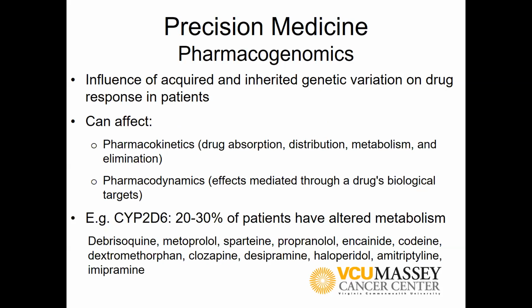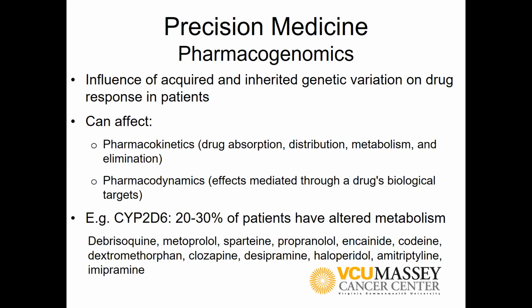There are different subtypes: pharmacokinetics, which is mostly about how drugs are absorbed, distributed, or metabolized in the body, and pharmacodynamics, which is more about how the drugs actually work in terms of the biological pathways and other targets in the patient's body. This is so relevant now that the FDA lists warnings on specific drugs.